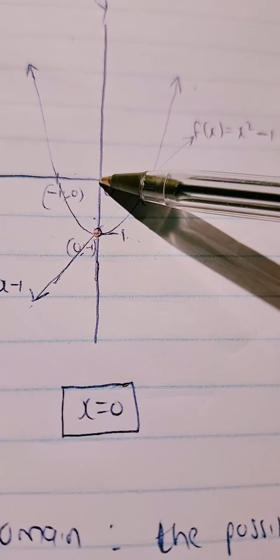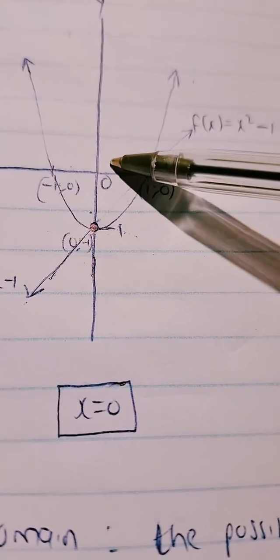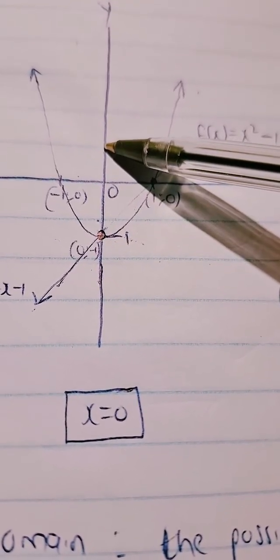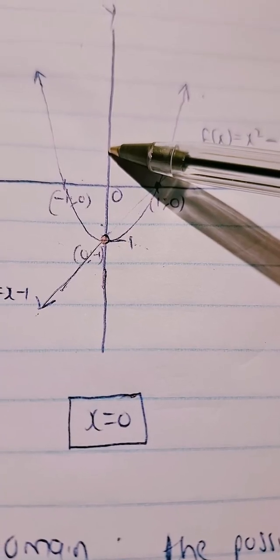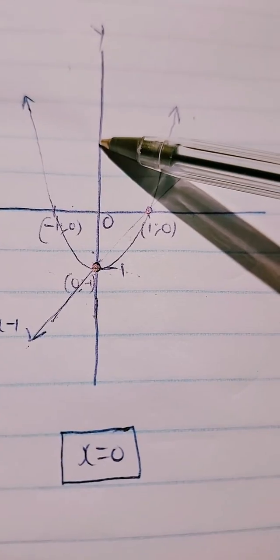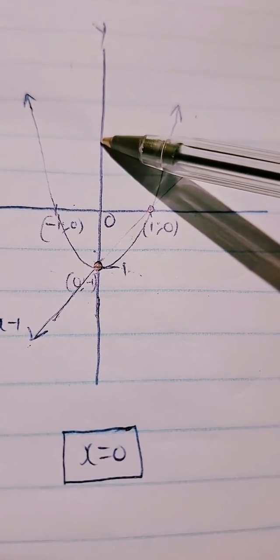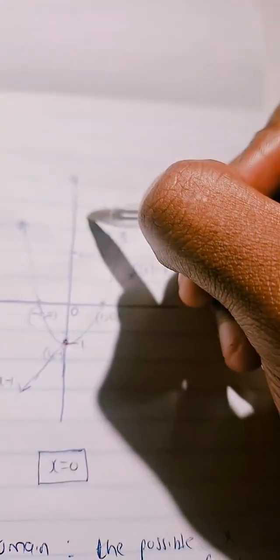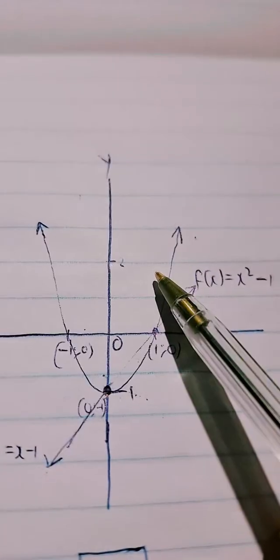This is where the function would start. This would be the minimum here. If you add another 1, you get 1. That's plus 2. If you add another 1, you get what? 2. So that means the function would start there at 2. This is where the turning point would be, guys. Do you understand this? Right?